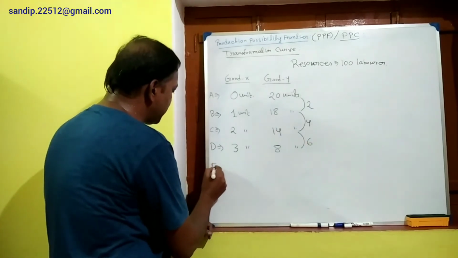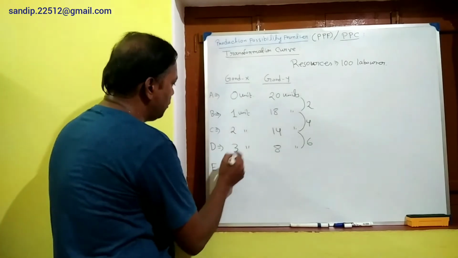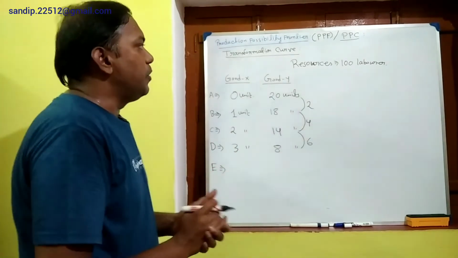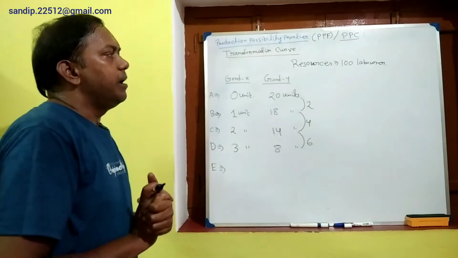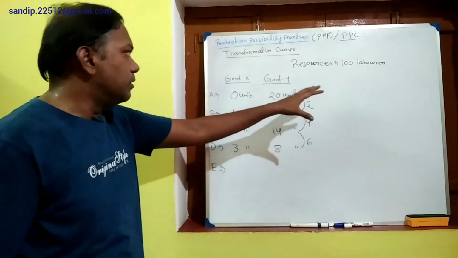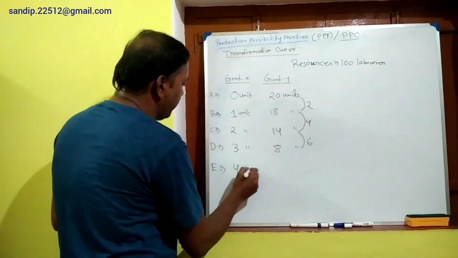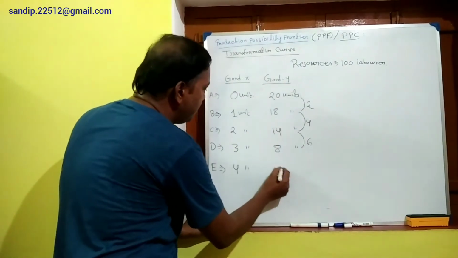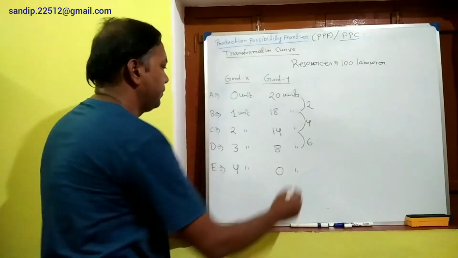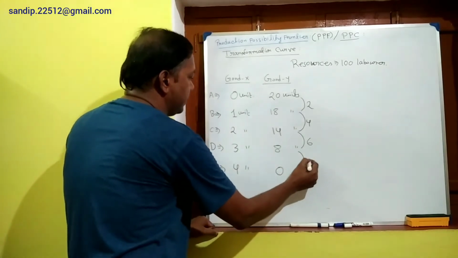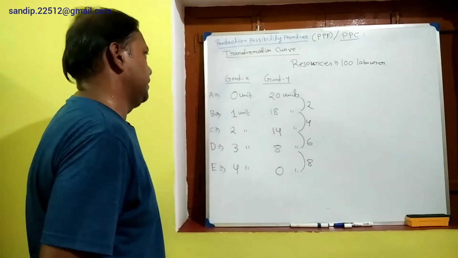And let there be a last combination, that is E. Let the producer transfer all the workers from Y to X. So production of X becomes 4 units and production of Y becomes 0 units. So here Y production has decreased by 8 units.